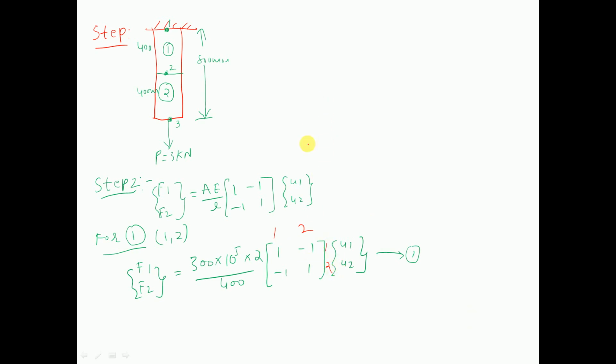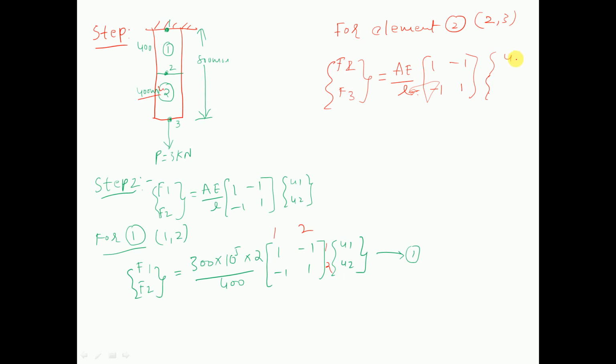Then similarly for element number 2, the nodes connected are 2 and 3. Then finite element equation for element 2 is f2 f3 is equal to AE by L, that AE by L here is with this 400 mm, into [1 -1; -1 1] into U2 U3.